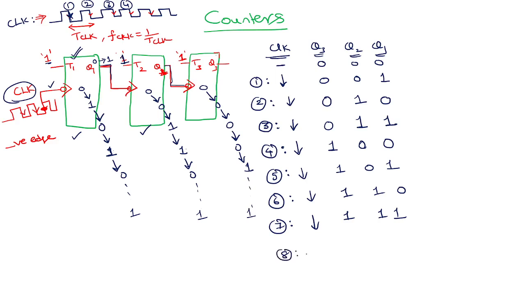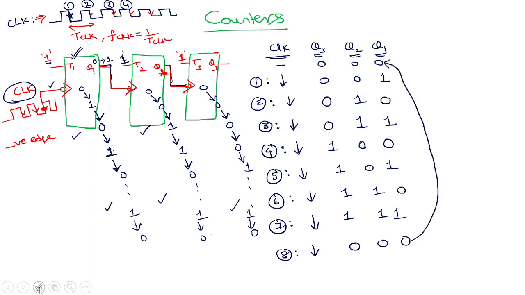When you apply the 8th negative edge, this will be activated, 1 to 0. 1 to 0 is a negative edge, so the next will be activated, 1 to 0. 1 to 0 is a negative edge, so this will be activated, 1 to 0. Obviously, you will go back to 0 0 0. So you have come back to the initial state that you started, and you repeat the same story.